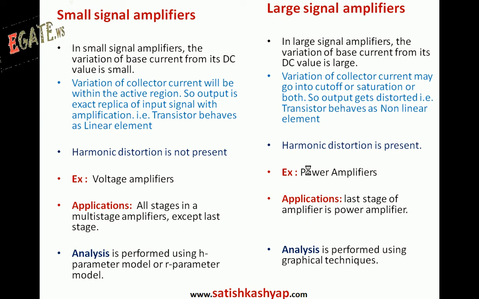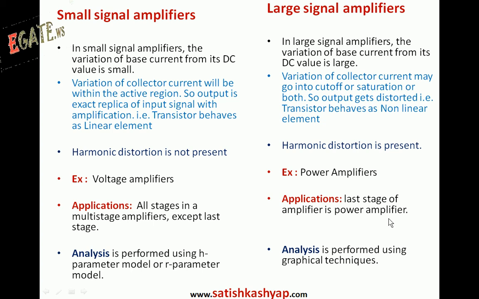In multi-stage amplifiers, except the last stage, all stages are treated as small signal amplifiers only, that is, all voltage amplifiers. Large signal amplifiers: the last stage of multi-stage amplifiers is always a power amplifier. Here please write it: last stage of multi-stage amplifier is always power amplifier.